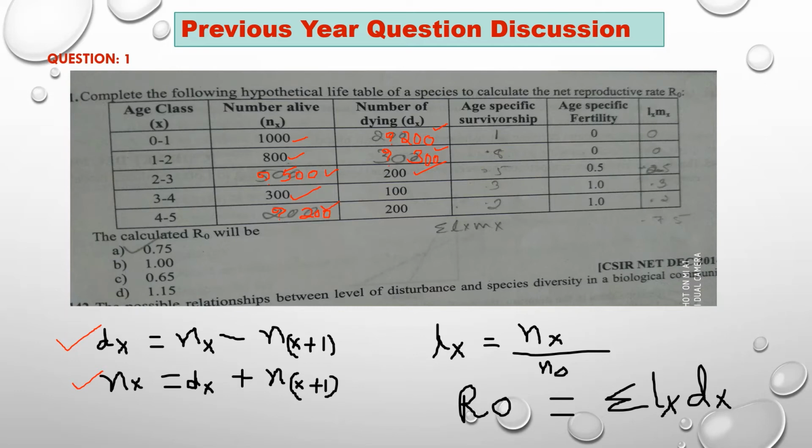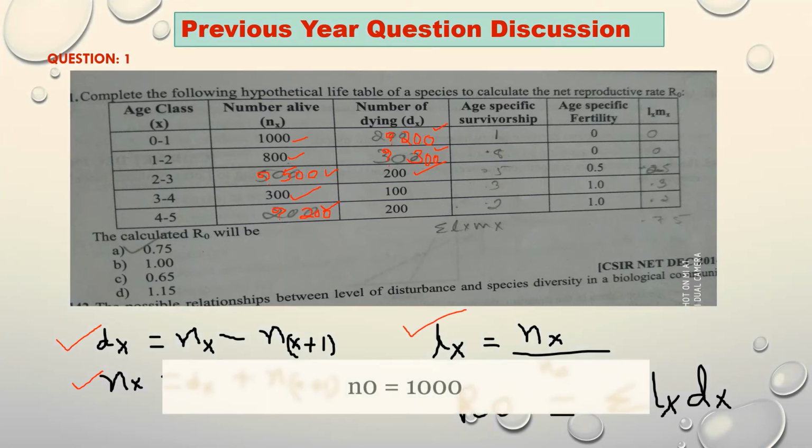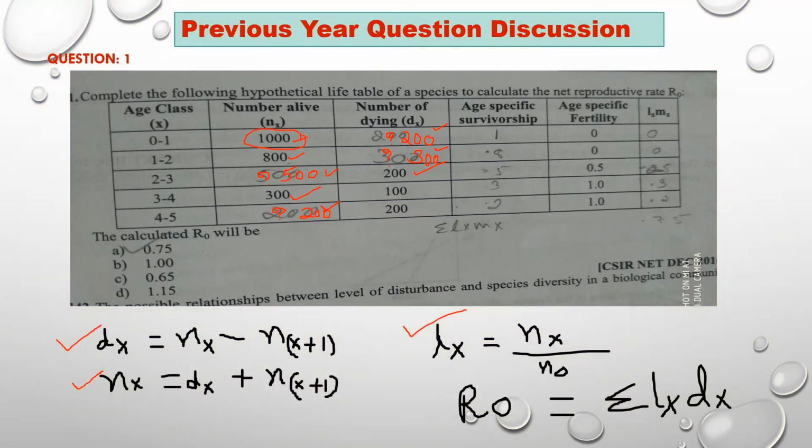Okay. Next is Lx, age specific survivorship. There is a formula for finding Lx, that is Nx divided by N0. N0 means number of individuals at the beginning. So here Nx is 1000 and N0 is also 1000. So 1000 by 1000, 1. Here Lx is 1.